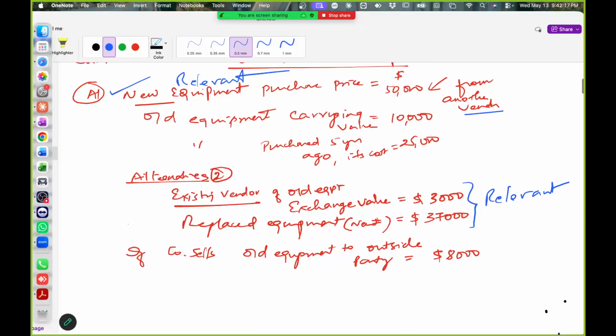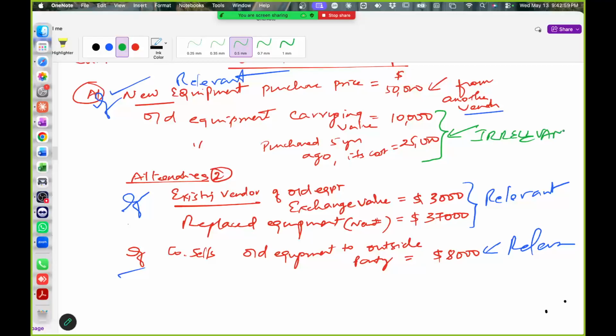If we only sell old equipment, all these things are in the future. So this is relevant. Why should I worry about what happened in the past? Its book value, the existing equipment's book value, its purchase cost 5 years ago, these are all irrelevant. I should really not worry about that.